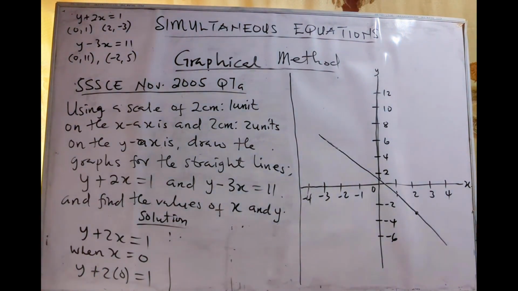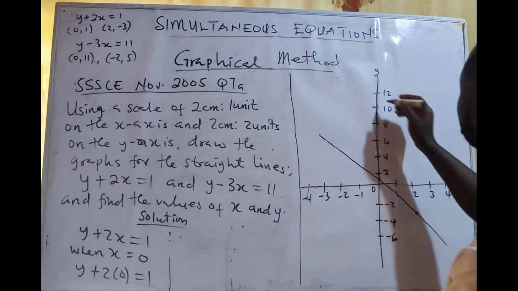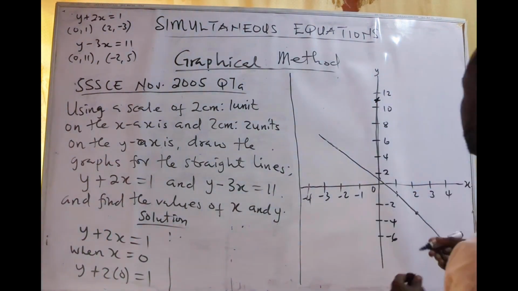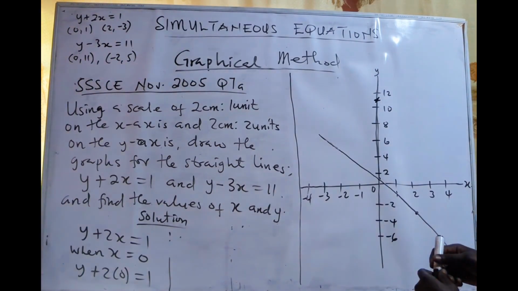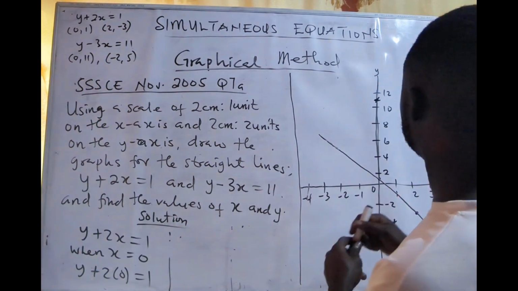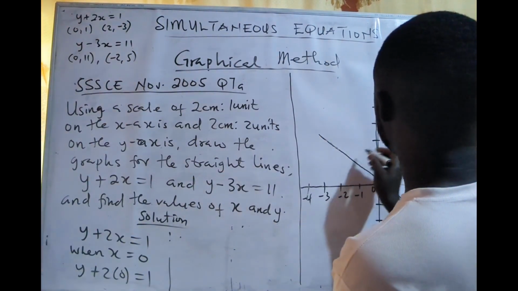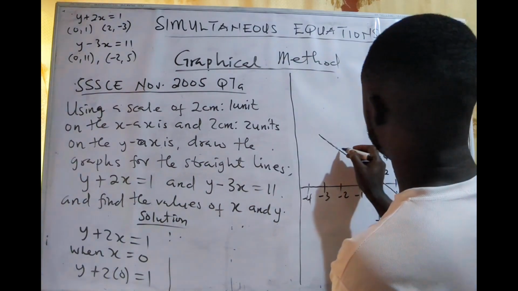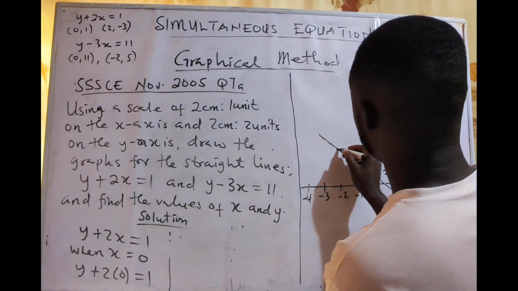Okay. Now let's come to the second one. We have 0, 11. So 11 is here. And then we have -2, 5. x is -2, y is what? y is +5. +5 is between 4 and 6, so here, and then here.